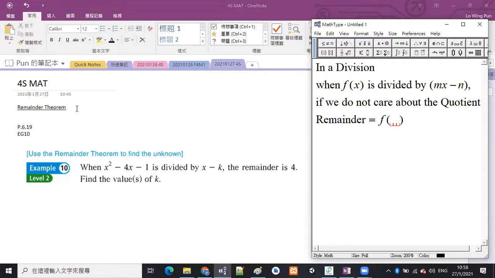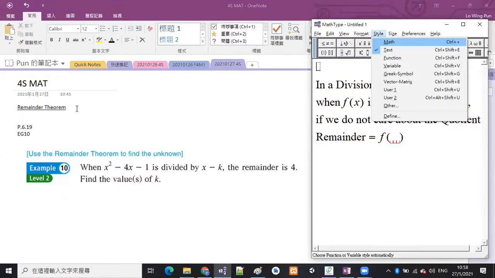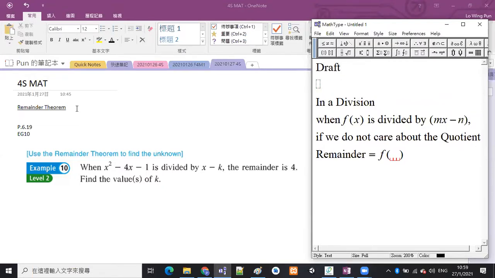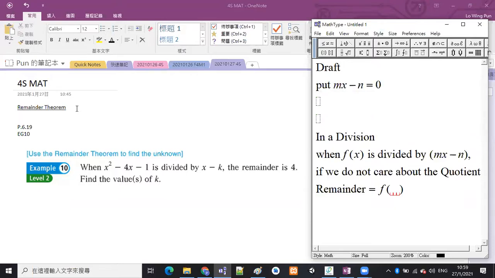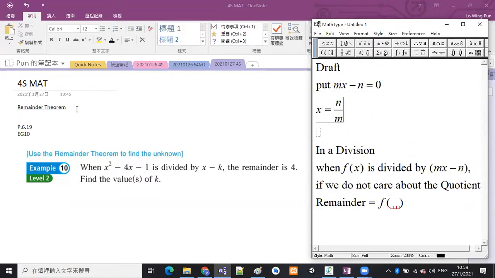What is the number that should be substituted into f(x) to calculate the remainder? You put the divisor to be 0 and then calculate the value of x. In this case, if it is mx minus n, in a draft you put mx minus n to be 0, and then you find that x is equal to n over m.